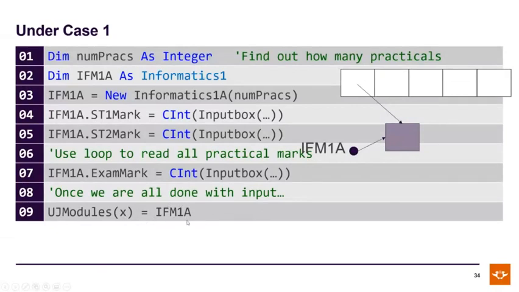That's where the upcasting happens, because your UJ modules array is of UJ module type. So you're taking the informatics object and casting it up into the UJ module type for the array. So once it goes into this array, you won't be able to modify the practicals anymore or have informatics specific functions that you can execute. You will only be able to execute the common functions available.